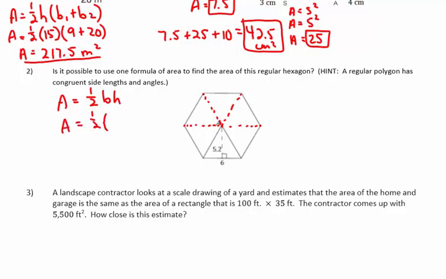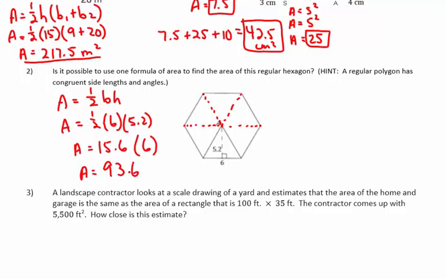The base of that, the bottom, is 6. The height, how tall it is, 5.2. And when I plug it in my calculator, half of 6 is 3 times 5.2 is 15.6, and if you notice I have 6 triangles here, so we're going to multiply that by 6 triangles, and we're going to get 93.6.